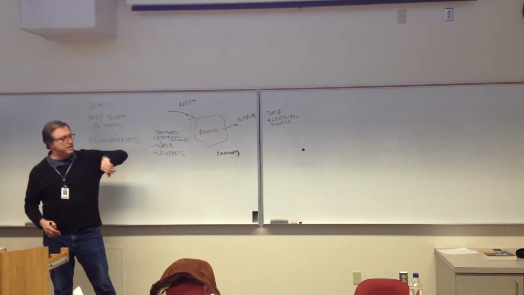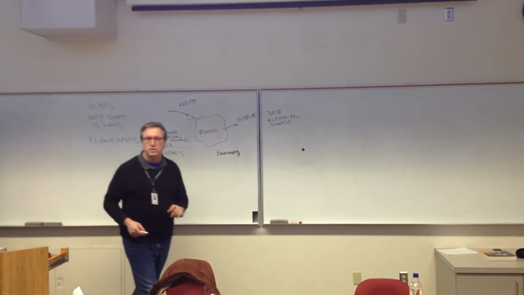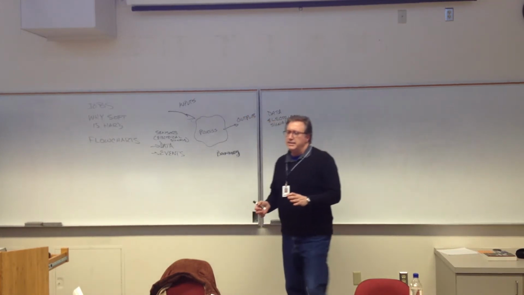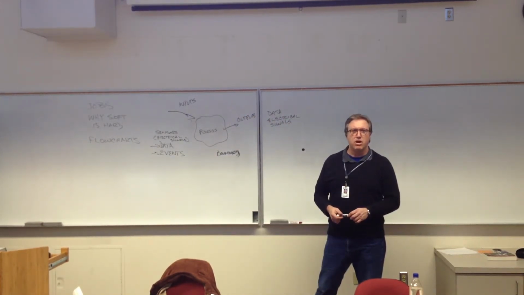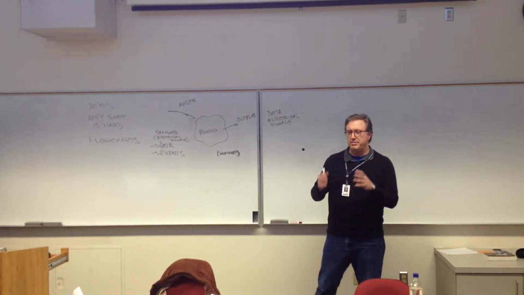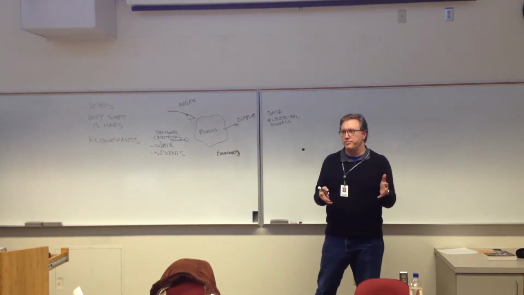Let's talk about process. Everything I tell you is wrong at some level. Everything I say to you is a lie because it's too simple. But I'm going to keep things simple, just because you've got to start somewhere.